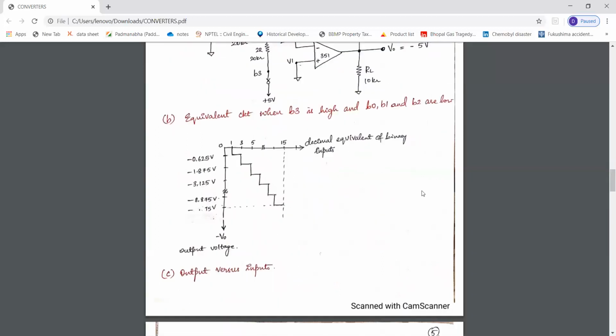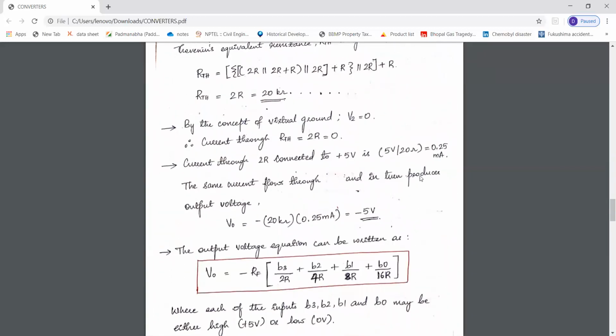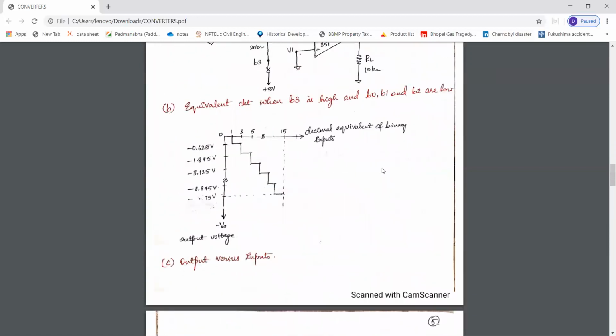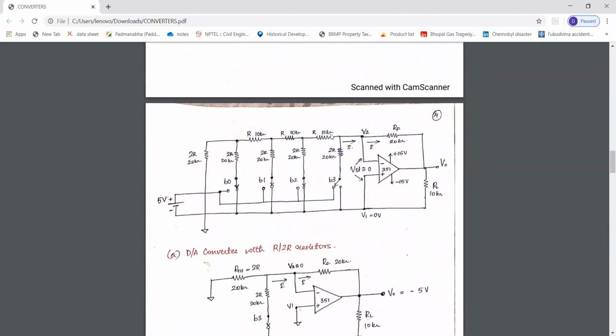Understood? So now the output voltage equation can be written as V0 = minus RF into (B3 by 2R plus B2 by 4R plus B1 by 8R plus B0 by 16R). Because see here, B3 is connected to 2R, and here B2 is 4R, and here B1 by 8R.